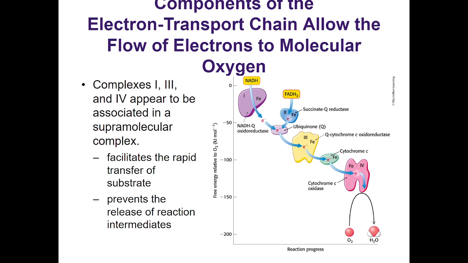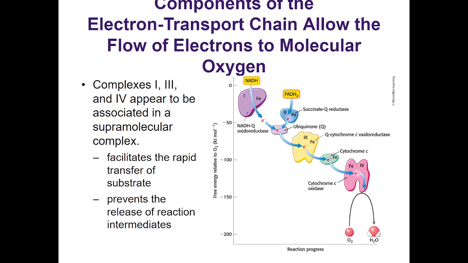We then are going to have the complexes, right? Complex 1, complex 3, complex 4. But these complexes can be assembled into higher order domains, right? And so we're going to have a higher order domain. These are going to be associated together, 1, 3, and 4, and they're going to make a supramolecular complex.